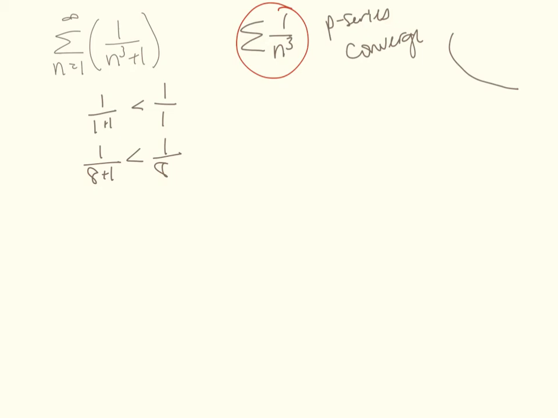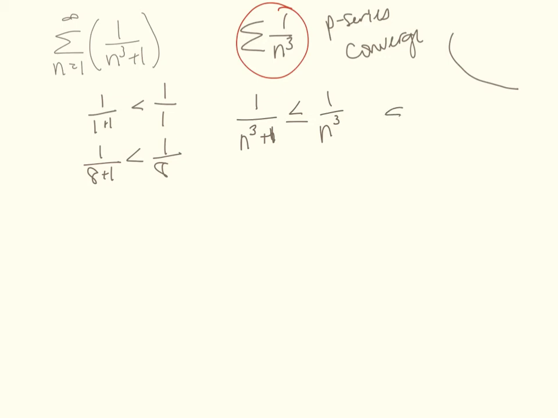So by logic, I know that 1 over n cubed plus 1 is smaller than or equal to 1 over n to the third. Because I know this, I can say the series I have does converge as well.